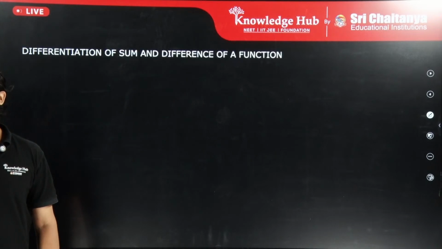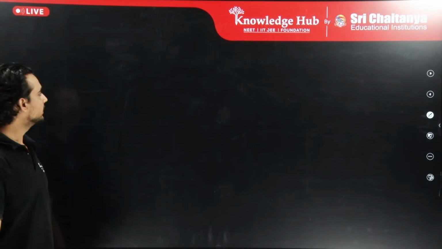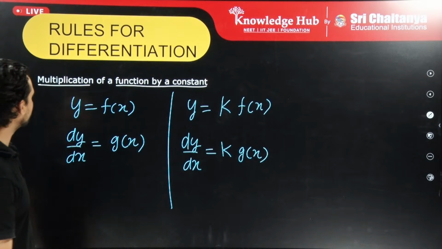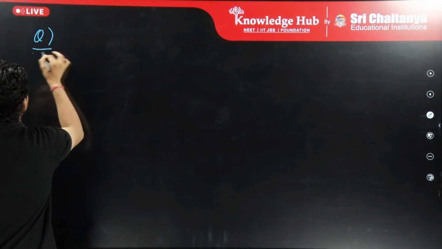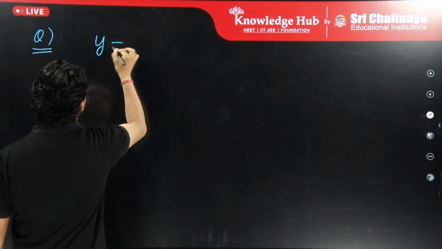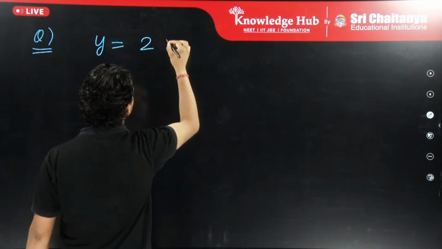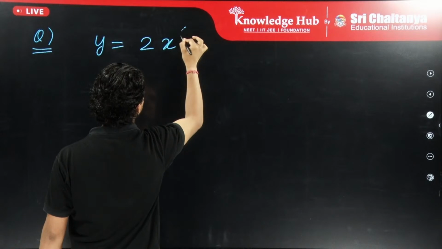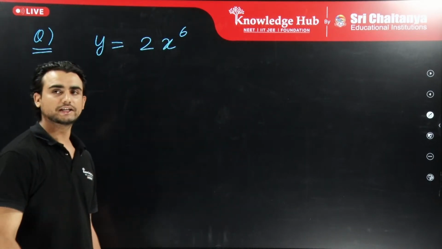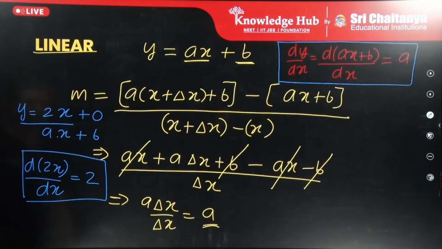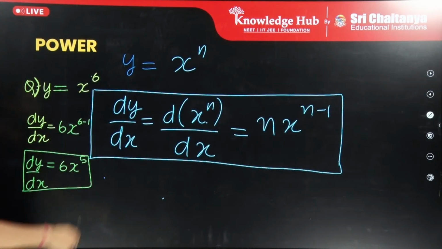To understand this property, let's write an example. Let's say y equals 2 x raised to 6. It is the same question which I gave you before in the power formula.